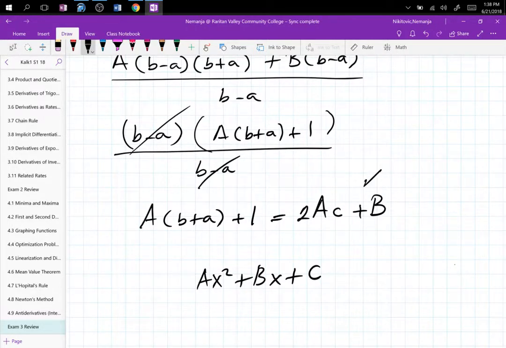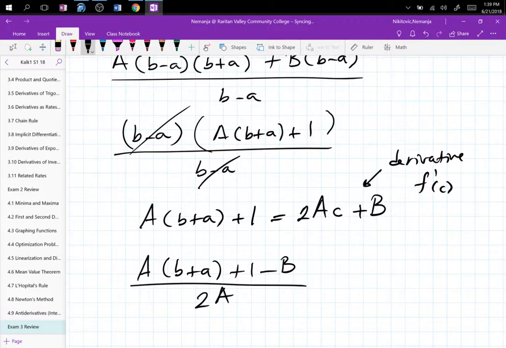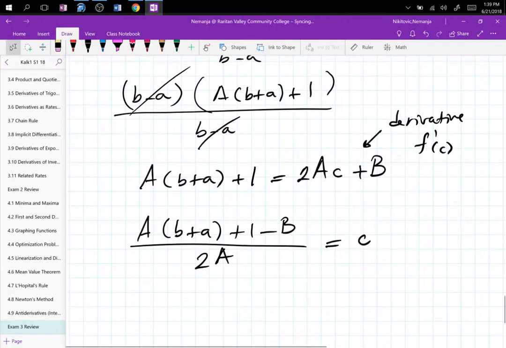That's the derivative. So f prime computed at little c. And now just solve for little c. So we have a times b plus a plus 1 minus b, divided by 2a, is giving you little c. And there it is. That's the formula.